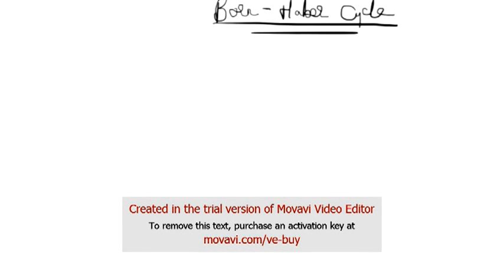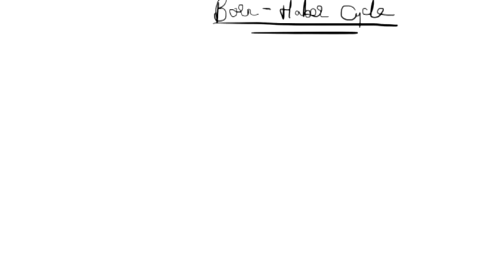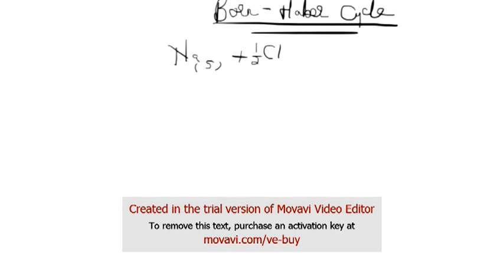Now, you know that NaCl is an ionic solid, so we will make a list of all the intermediate steps which occur during the formation of NaCl and try to understand how the value of energy can be calculated. We begin with the first step. The overall reaction of NaCl formation is solid Na plus half Cl2 gas gives NaCl.